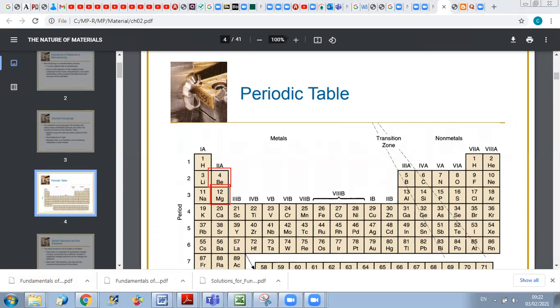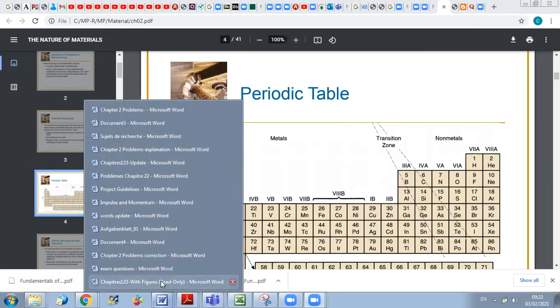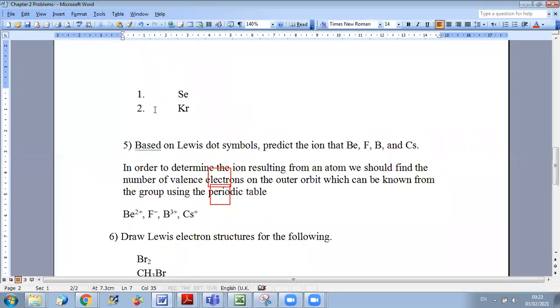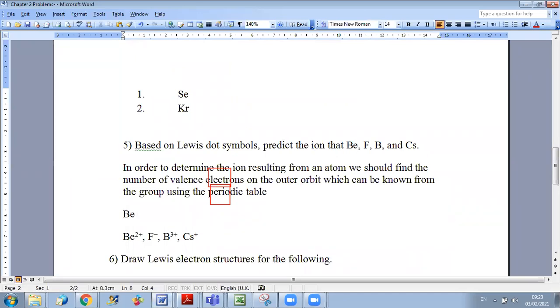If you want to write the analysis, we just say Be is from group 2A, so it has 2 electrons on its outer orbit, and the orbit is the second one.